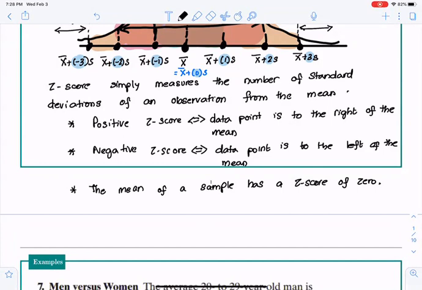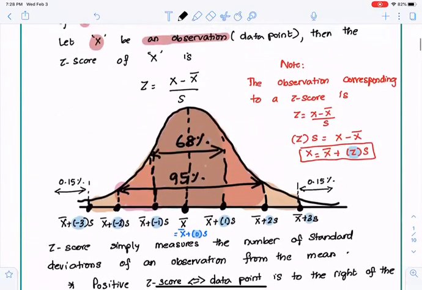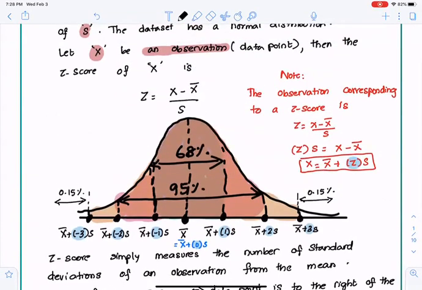If we use a z-score for inference for samples that are not bell-shaped, then we're just lying to people. So the data must follow a bell-shaped distribution. And if it does, then we can use z-scores to come up with inference.